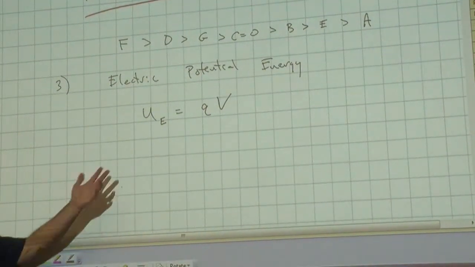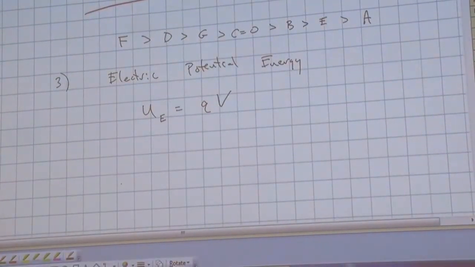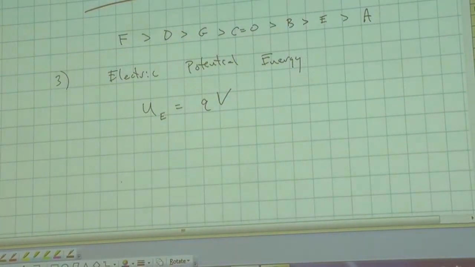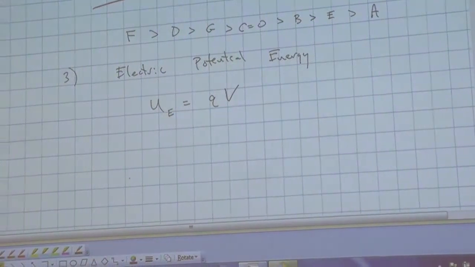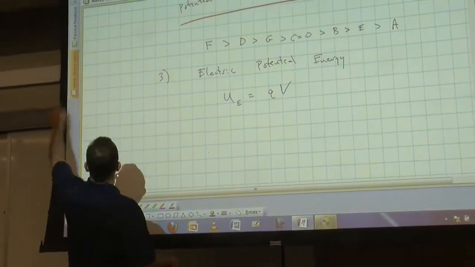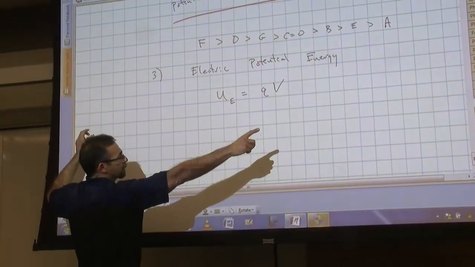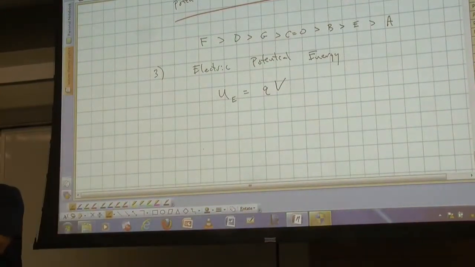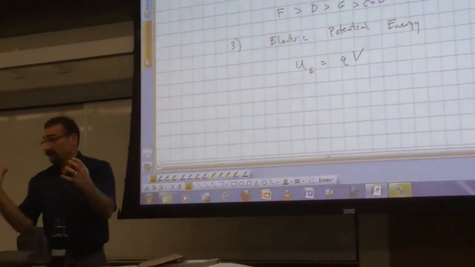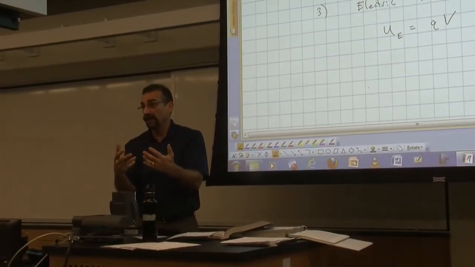And that comes from the work done. Also, we can use the equation for work done, because it comes from the same thing. If we have a positive charge out at infinity and another positive charge at infinity, and we bring them together, they want to repel each other. So as we bring them closer and closer together, we're doing work on them.